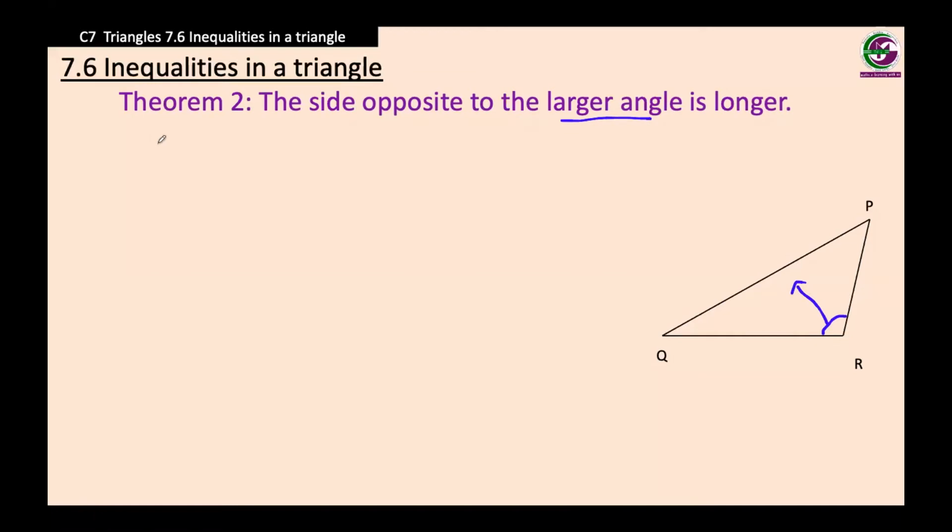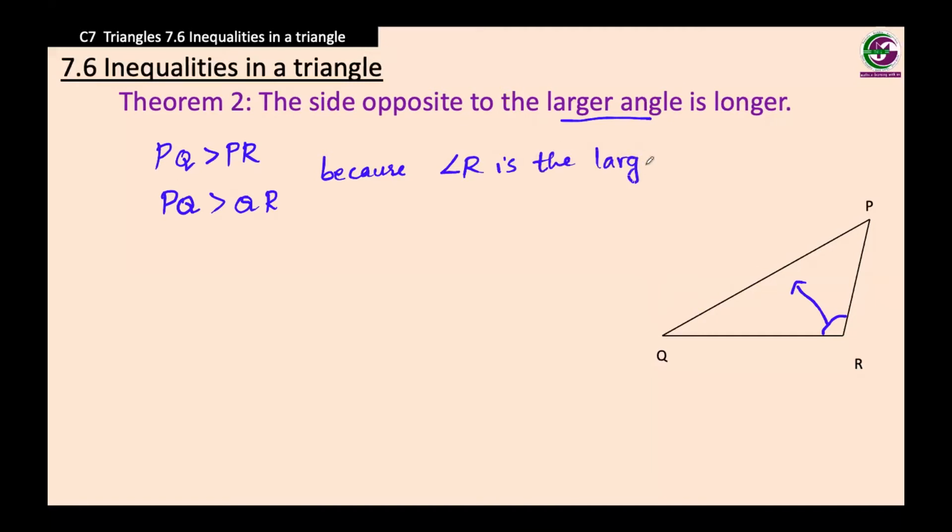So definitely PQ is the longest, or PQ is greater than PR. Also PQ is greater than QR, because angle R is the largest angle. So the opposite side will be greatest or longest.